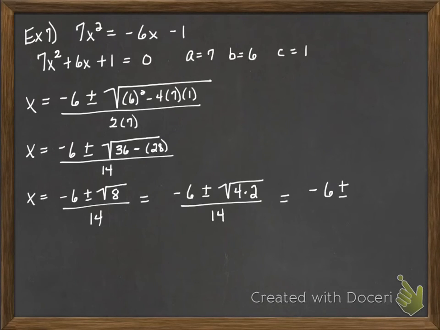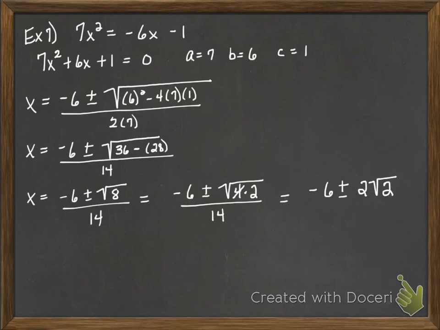And what's the square root of 4 going to be? 2. And 2 is going to come out. And the other 2 is going to stay underneath the square root. So the square root of 8 simplifies to be 2 square root of 2.